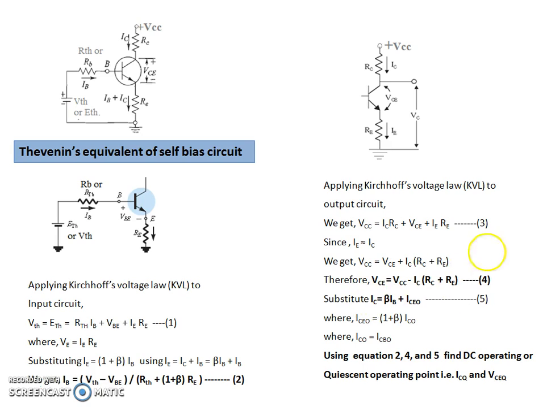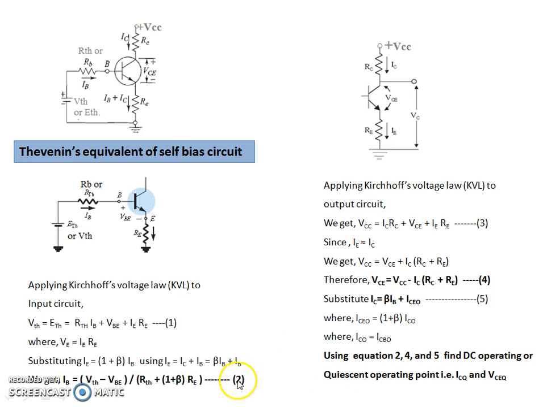Substituting IC equal to beta times of IB plus 1 plus beta into ICO for common emitter type of configurations, where 1 plus beta into ICO is the leakage that is found in common emitter type of configuration, whereas ICO is the leakage that is found in common base type of configuration.